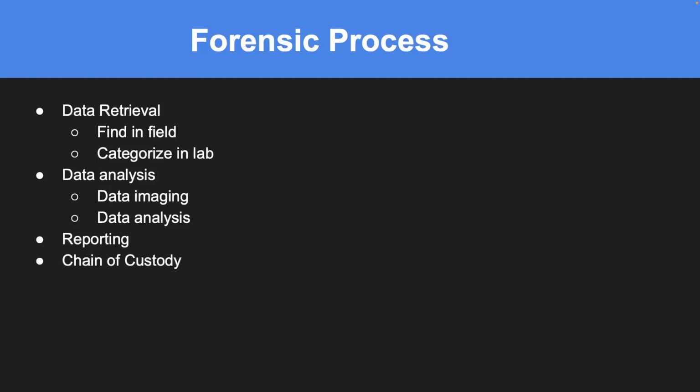And this data analysis process can use by hand imaging, or we can use a great number of tools that are available for us to make sense of this data, and making sense of this data will help us to include evidence in our report, and that report will eventually be presented in court to the judge, and it'll help us prove whether the person that we're on the defense of is innocent or guilty of the crime.